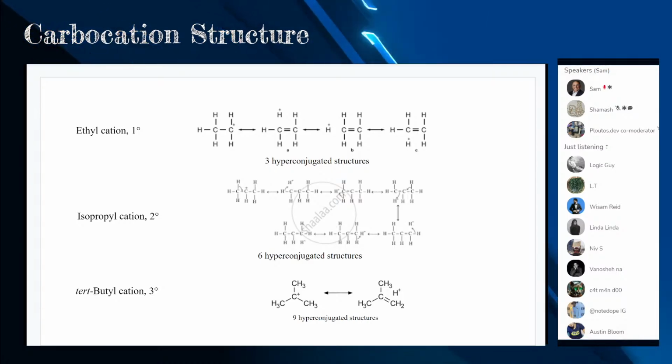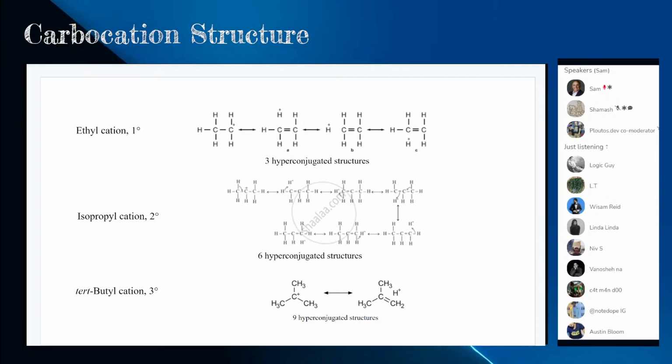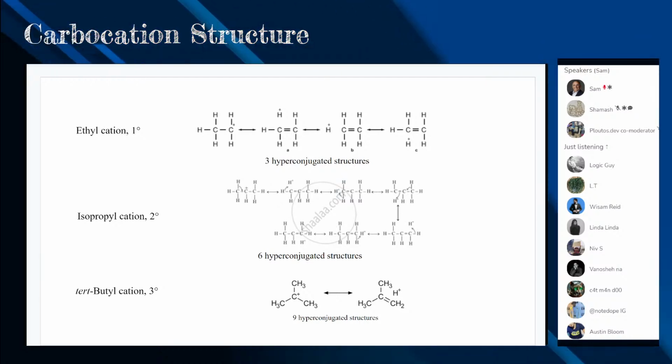So you spread the positive charge instead of all being on one point, the central carbon. You spread it over a number of hydrogens and that carbon. So that becomes more stable.